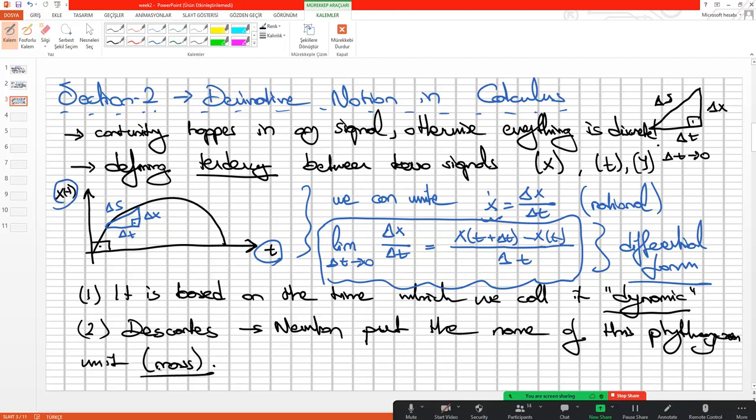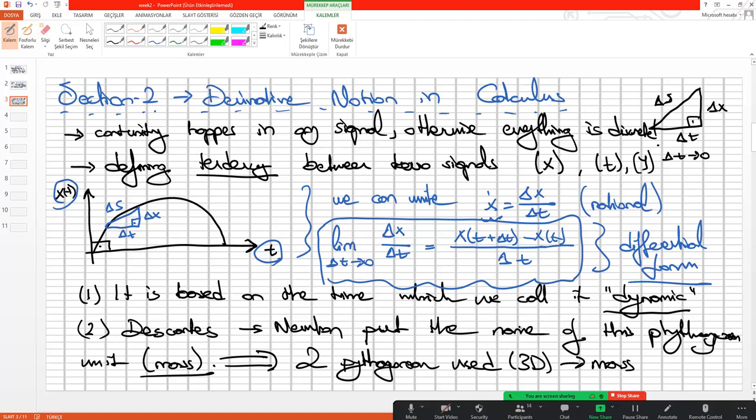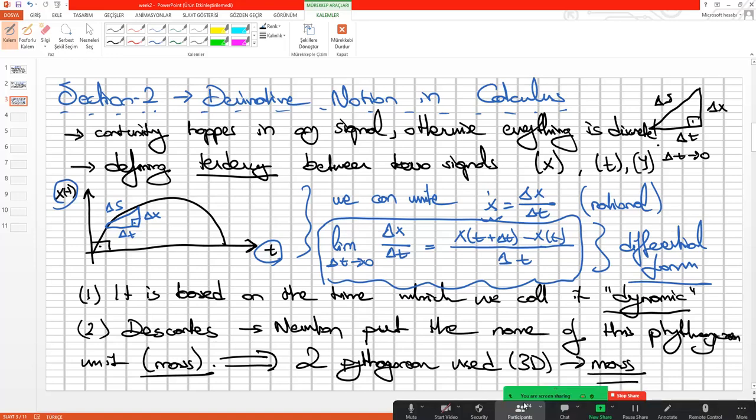According to Newton's idea, the energy form or the mass of this term is directly related to the mass. Newton defined that mass is a creation of the two Pythagorean theorem triangles. This is Newton's definition of the mass.